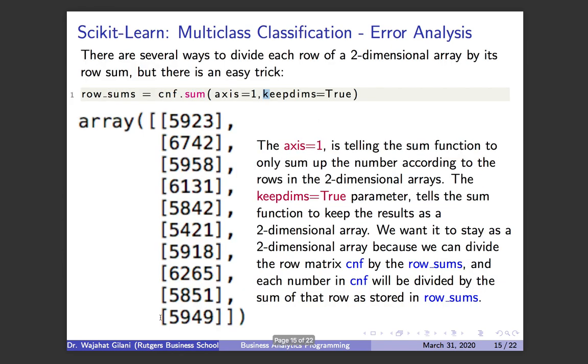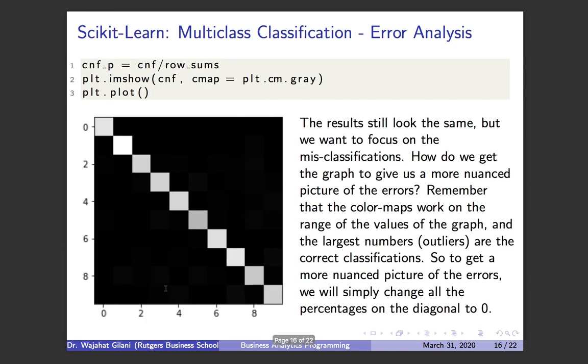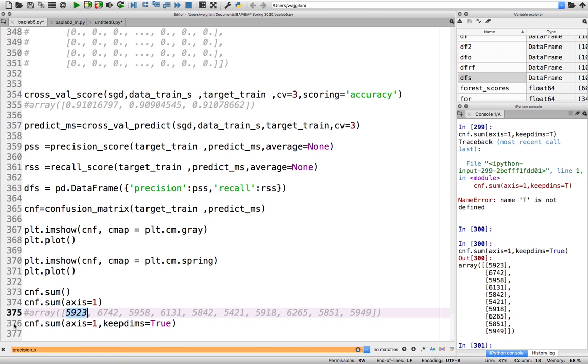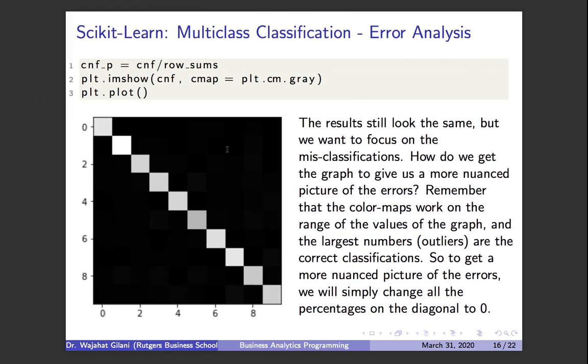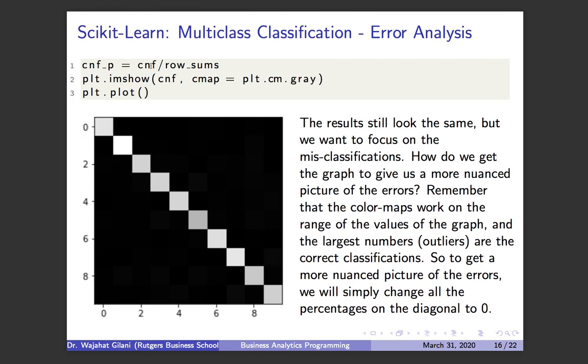So when I divide in this next line, I divide the whole confusion matrix by the row sums, and I put this two-dimensional array into this variable.